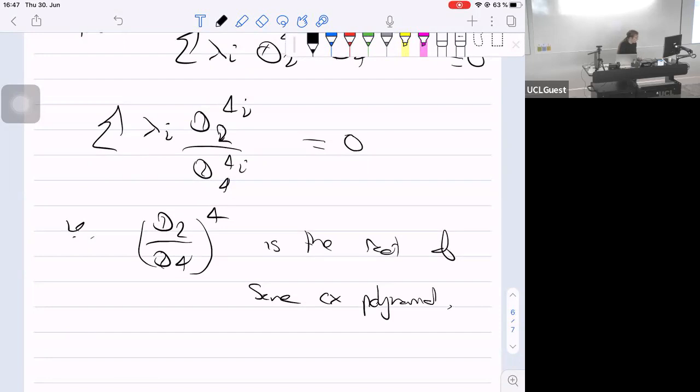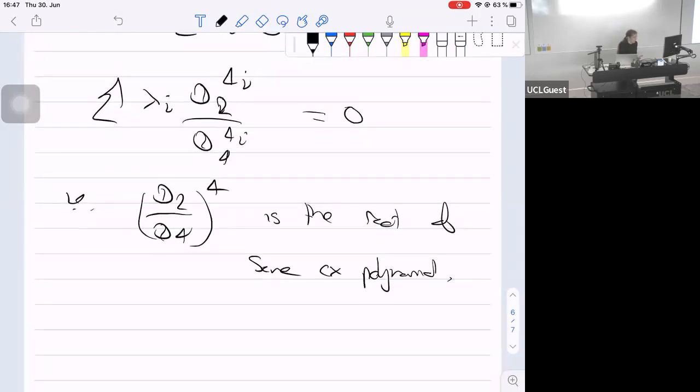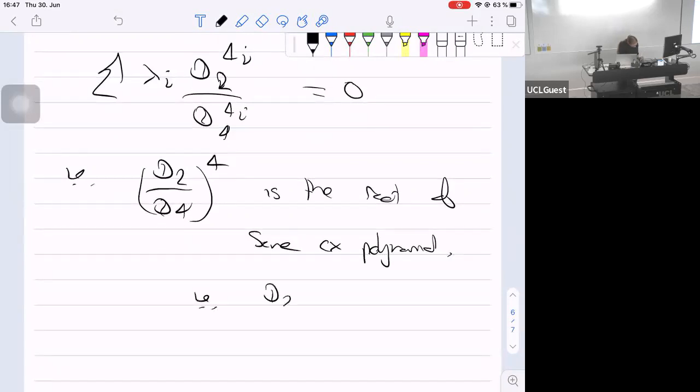In other words, theta 2 over theta 4 should be a constant. And then you can just check from their q series that that is just nonsense. And so there can't be any algebraic dependence between them.